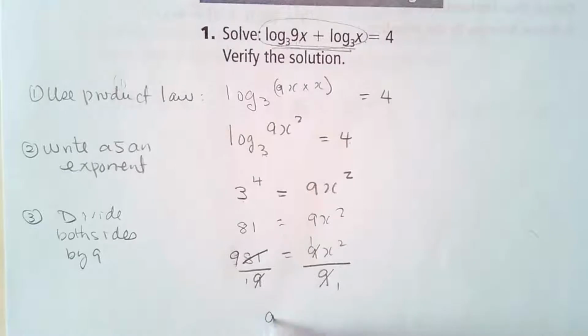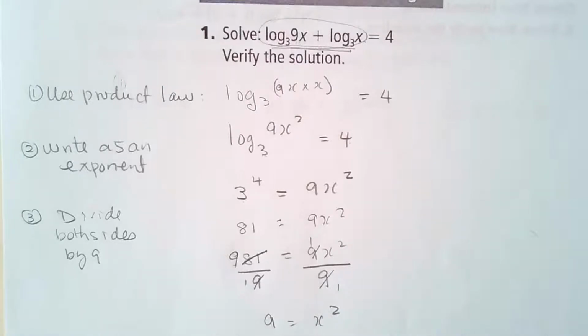So we have 9 is equal to x squared. Take the square root of both sides. So x is plus or minus 3.